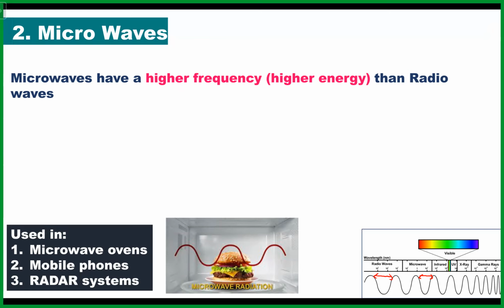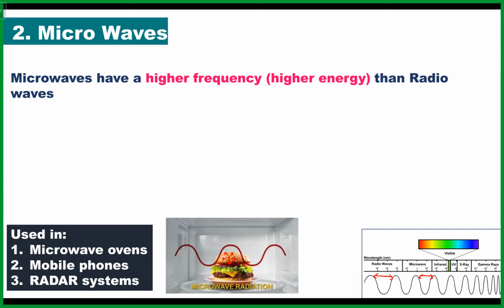And then when you take it out, the food item is hot, right? So what exactly happens inside the microwave oven is that the microwave oven releases microwaves, and when these microwaves get into the food item, they release heat energy, which heats up the food. So that is one application of microwaves in the microwave ovens.